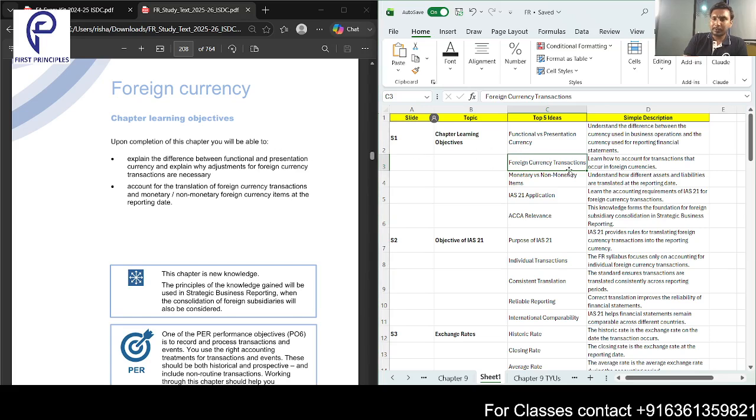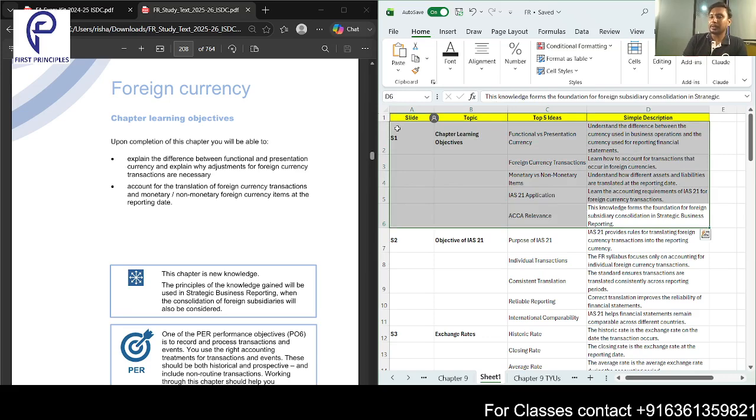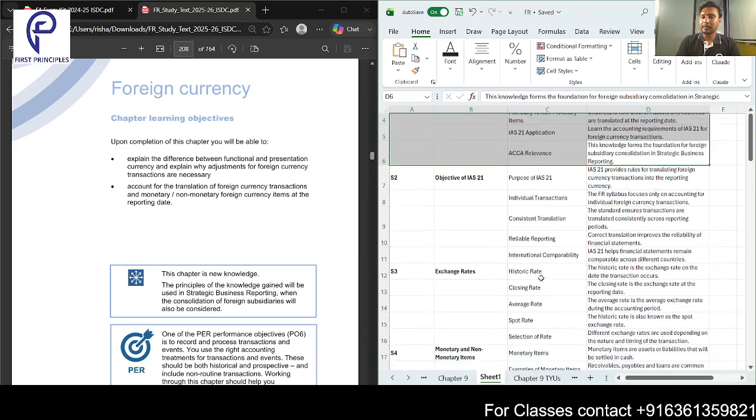Then you'll study what foreign currency, monetary and non-monetary items are, and the application of IAS 21, which has a lot of relevance in ACCA, because in AFM, yes, in AFM, FM, this will be included, and these topics will help you a lot when you do those subjects. So please make sure that you understand this topic well. Again, there's nothing much here for you to learn. It's not a topic. It's just, from an exam perspective, that this topic consists of these ideas. So there's nothing really in slide 1 that will trouble you.